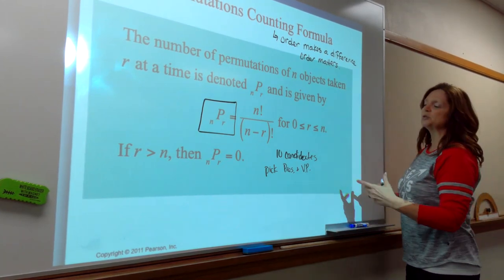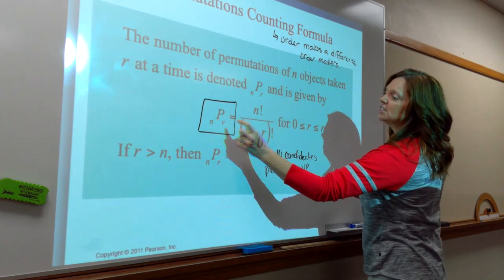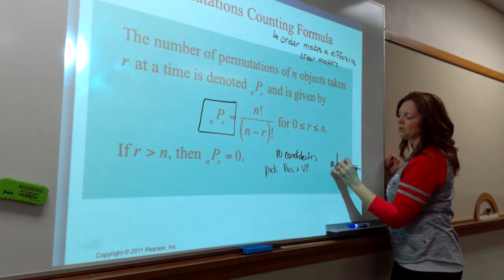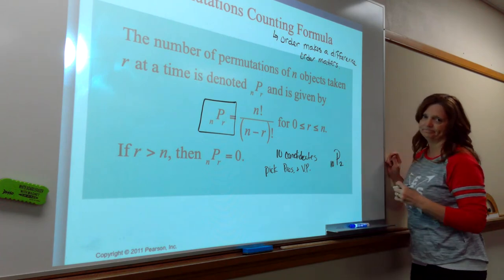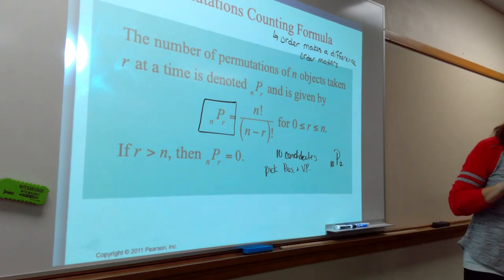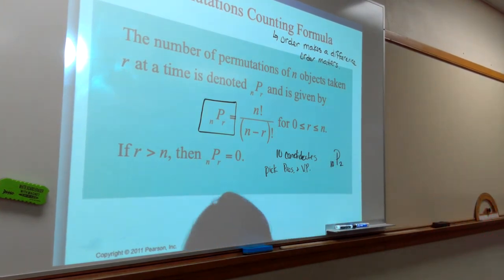And all that I need to do, I don't need to use the formula. I just need to use that notation. I have 10 people, and I'm going to pick 2. So you're going to go back into that same menu, math, over to probability, but type your 10 in first. So I will show you what that looks like.